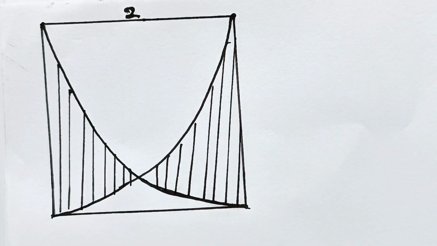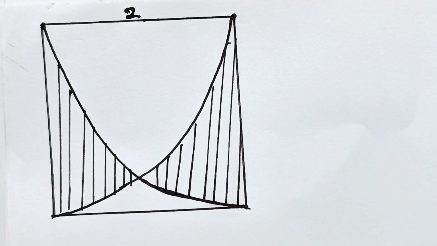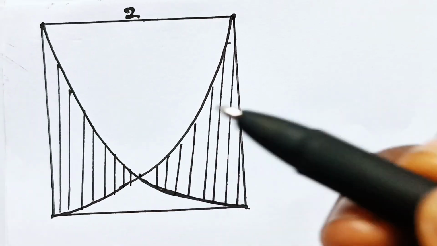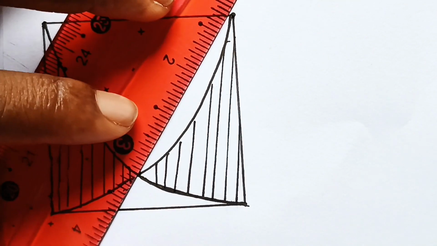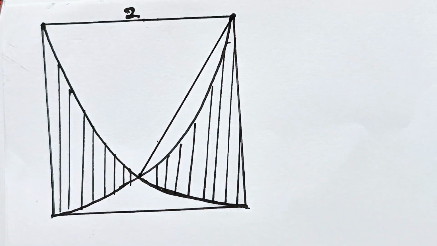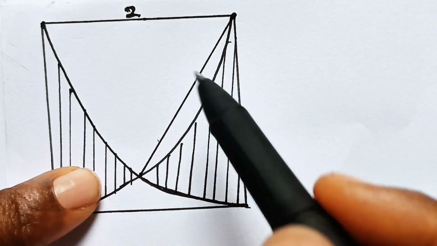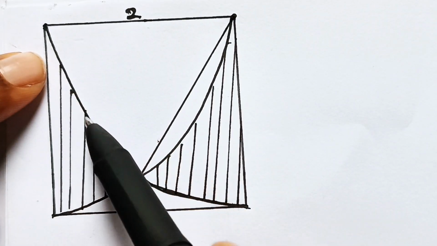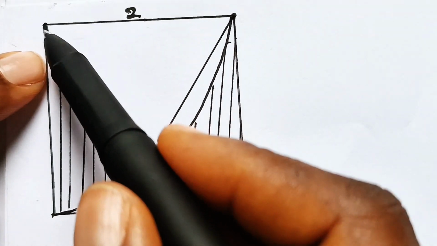Now first of all, let us join from here to this center. Now if you look at this, you can see that it is the radius of this particular quarter circle.